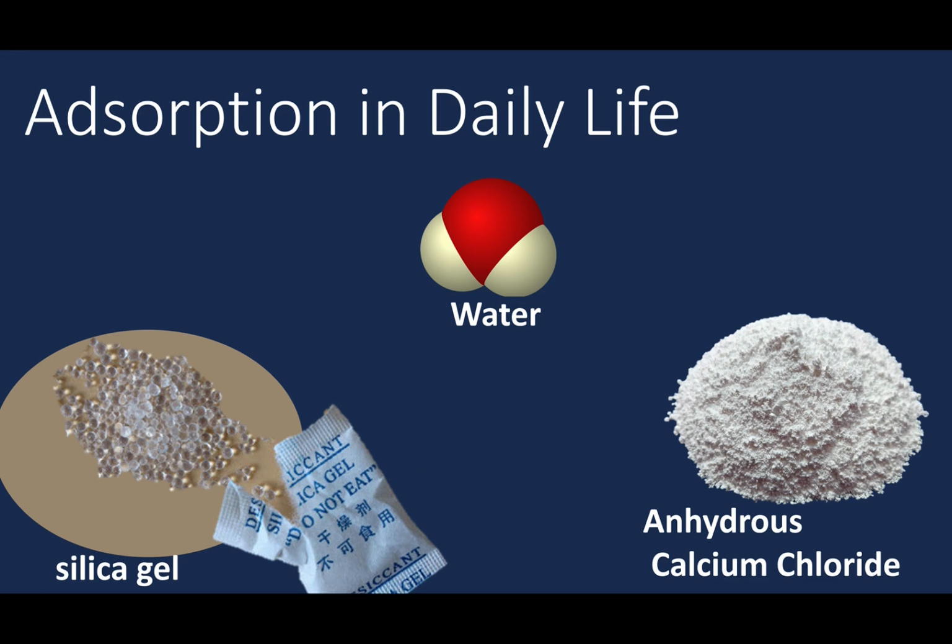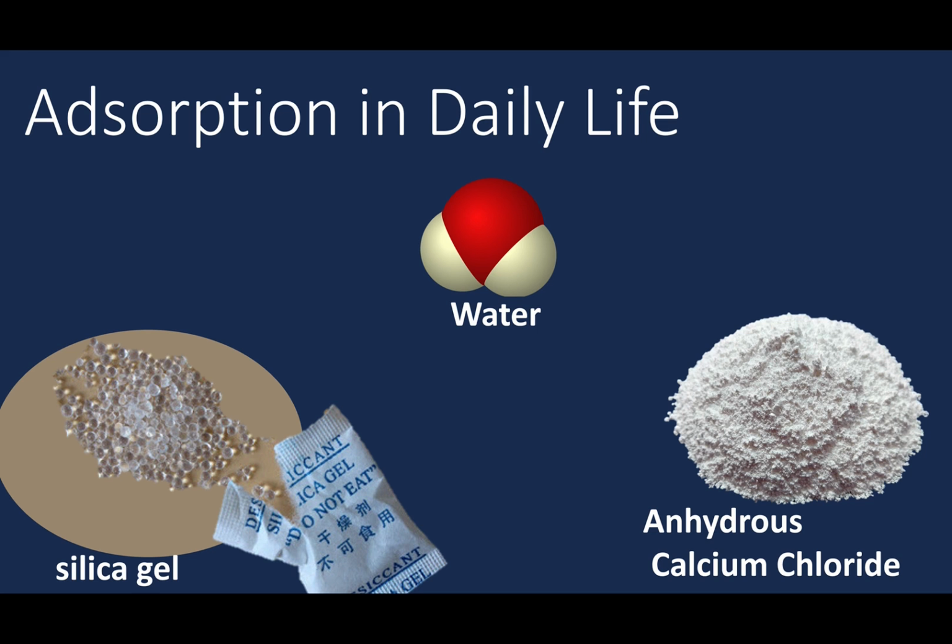Let's compare how water acts with both silica gel and anhydrous calcium chloride. The air becomes dry when kept in both of the systems also. But in silica gel, adsorption is taking place, whereas in anhydrous calcium chloride, absorption is taking place.